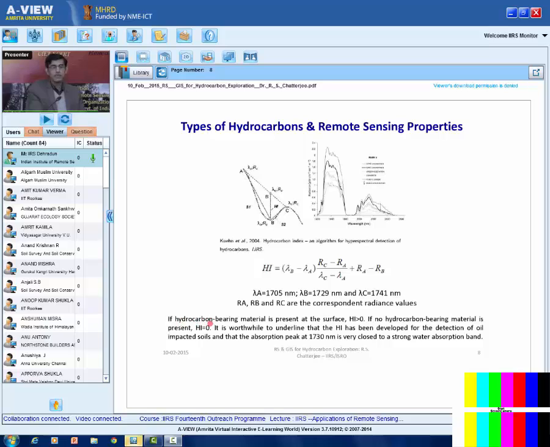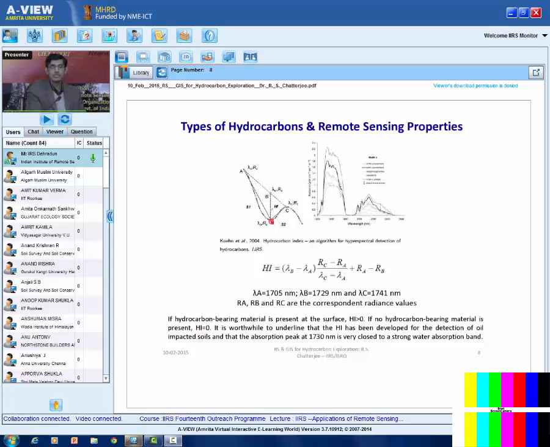Now, if hydrocarbon bearing material is present, that means the soil or sand is contaminated with oil or natural gas, then this HI value is greater than 0. If there is no hydrocarbon bearing material, that means the soil or sand is not contaminated with oil or gas, then this HI value is close to 0.